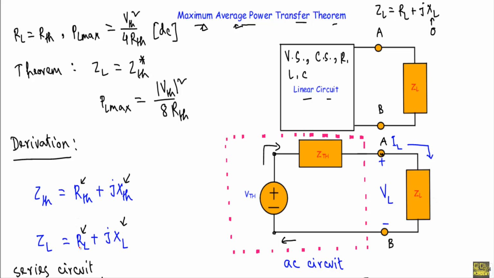Okay, now see, ZL has both real and reactive parts. The reactive part does not consume any power, so the power in the reactive part over a full cycle will be equal to 0. So the power that will be absorbed by the load impedance will be equal to PL. PL will be equal to IRMS square RL, as power will be absorbed by the resistance or resistive part of the load impedance.